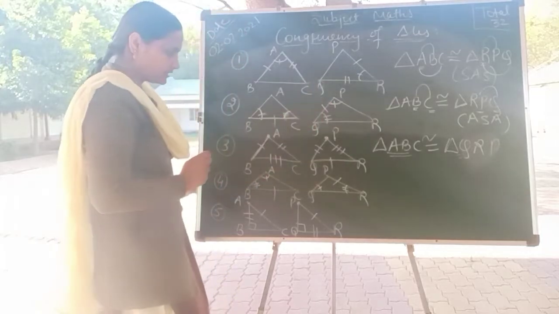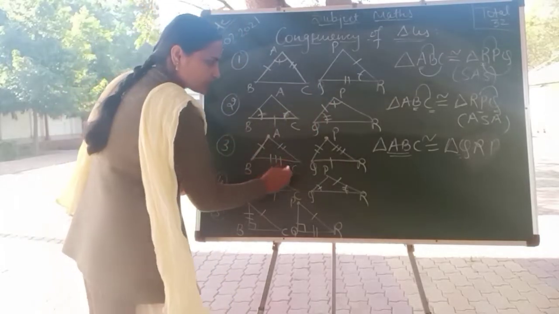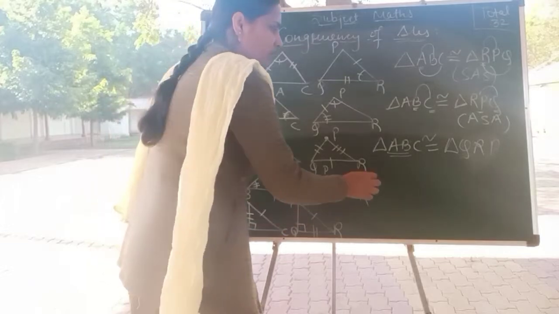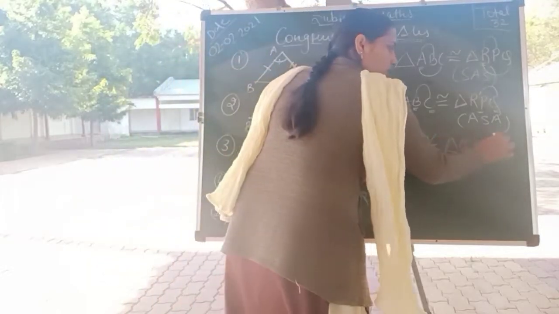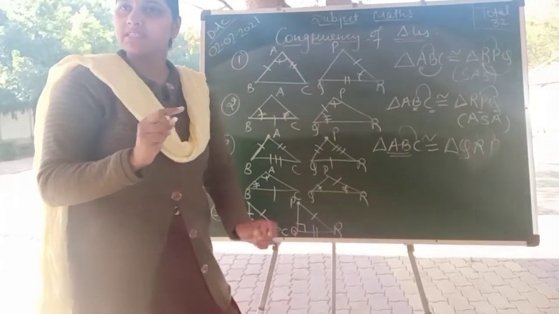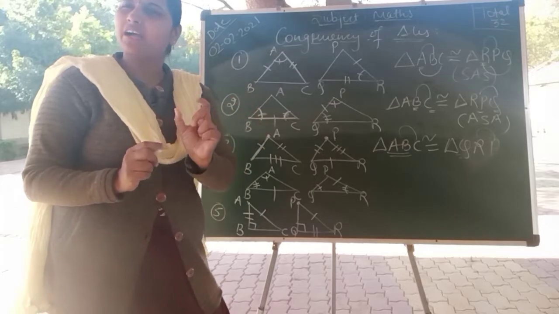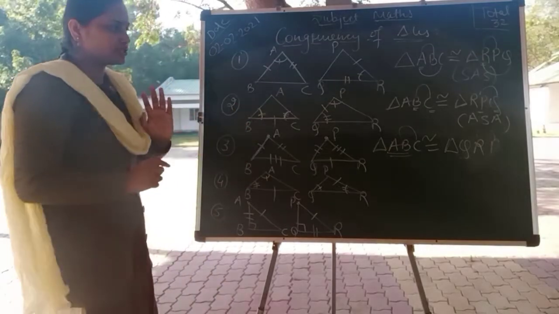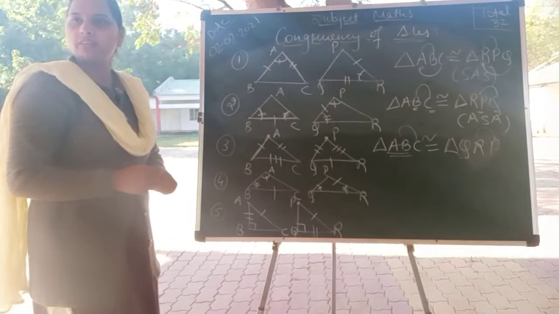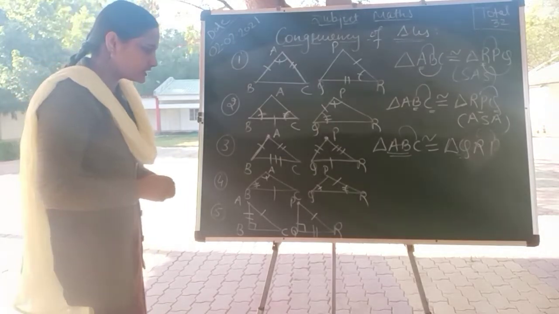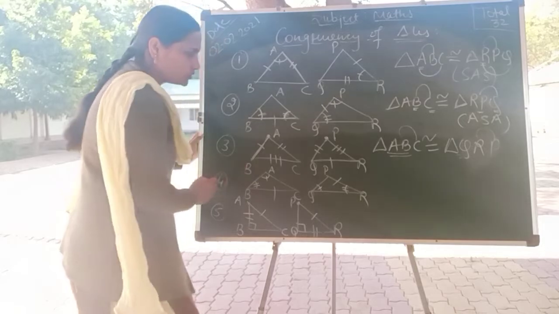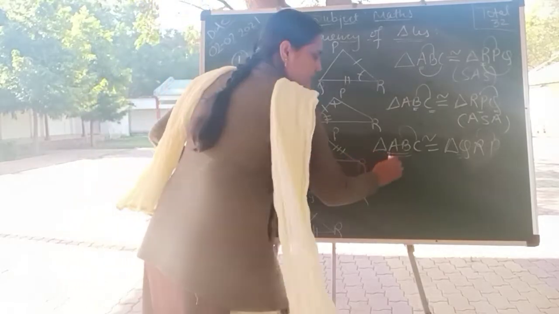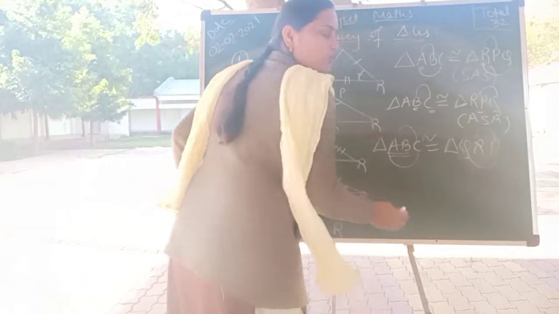Okay. Next. BC is equal to PR. Yes, BC is equal to PR. BC side is equal to PR or RP side. The length will be equal, na? Therefore, BC is equal to PR or RP. No problem. Okay, next is AC is equal to PQ. AC is equal to PQ or QP.